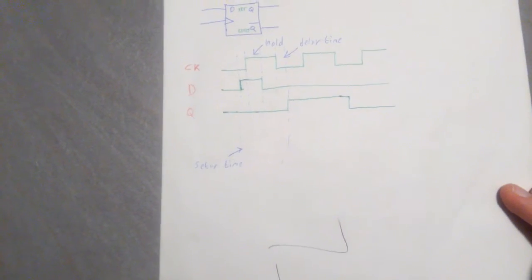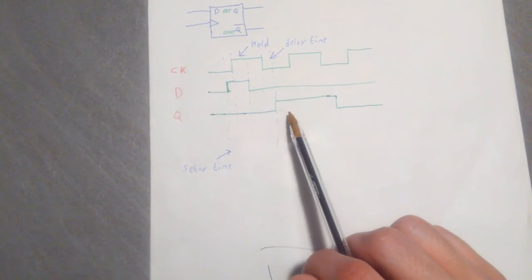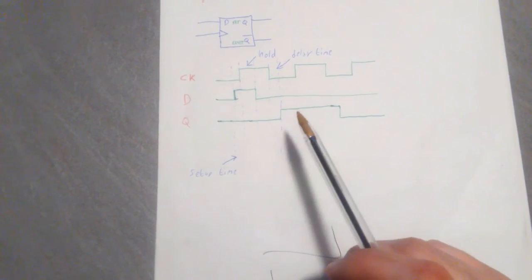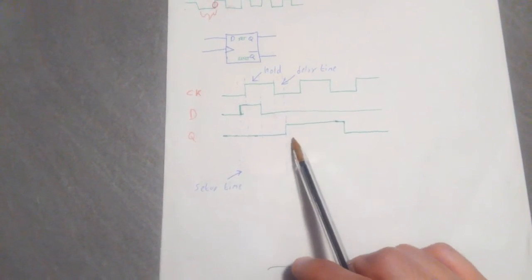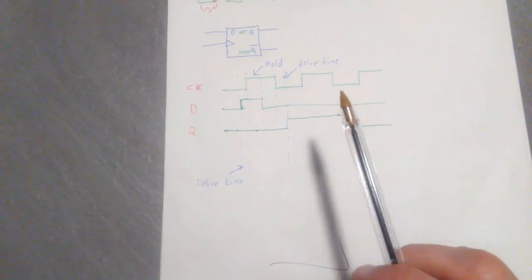So as you can see, the output is not immediately available, but that's the whole point. We're trying to make some kind of memory here and store data. So it kind of makes sense.